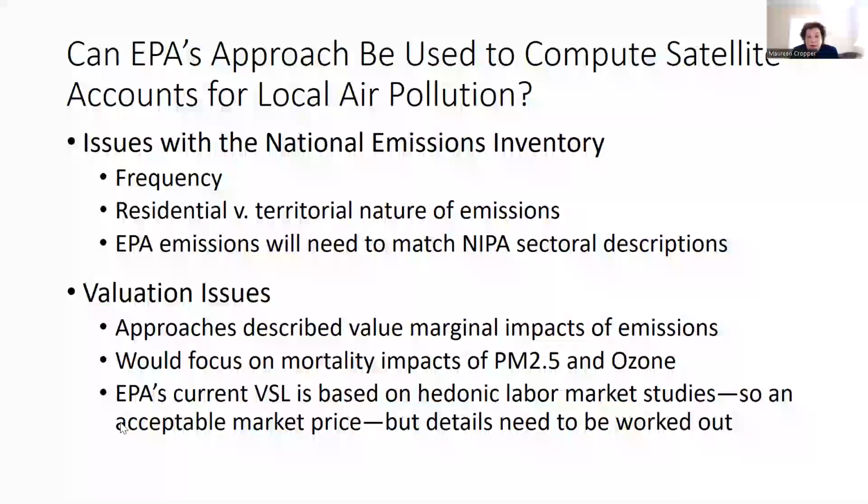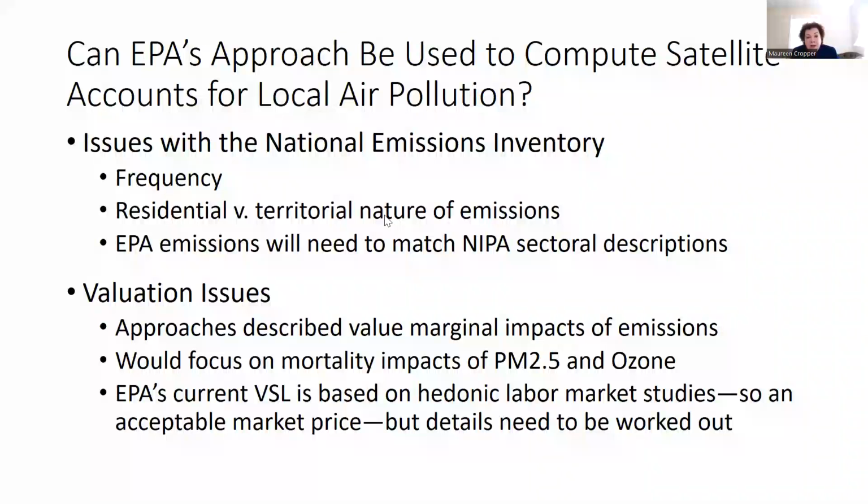There is the fact that the National Emissions Inventory currently comes out every 3 years. It would be difficult to do the satellite accounts on an annual basis. There are some technical details. For example, the National Income and Product Accounts are interested in what residents of the US emit, regardless of where they live, versus what's emitted in our territories.